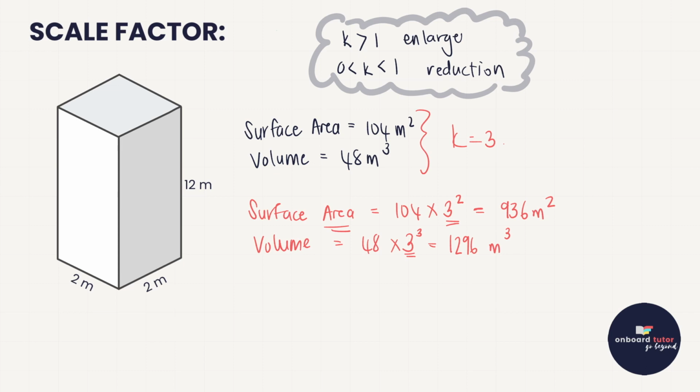So popping that onto my calculator, all that I do is I take the surface area I had, multiplied by the scale factor squared, because area is squared, gives me 936 meters squared, and I take the volume that I had, multiplied by the scale factor cubed, gives me 1,296 meters cubed.